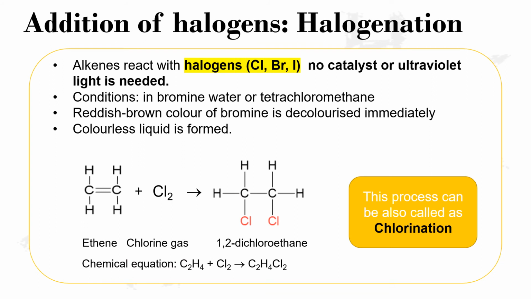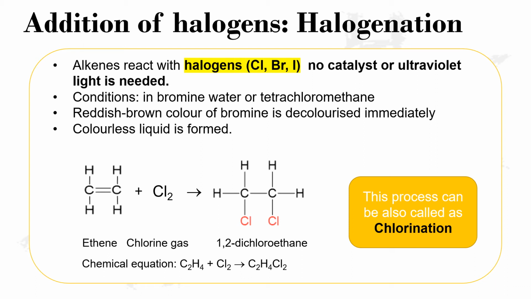The second addition reaction is the addition of halogens, or we call it halogenation. The halogens chlorine, bromine, and iodine react with the alkenes, and no catalyst or ultraviolet rays is needed. So an alkene reacts with the halogens in the presence of bromine water or tetrachloromethane.